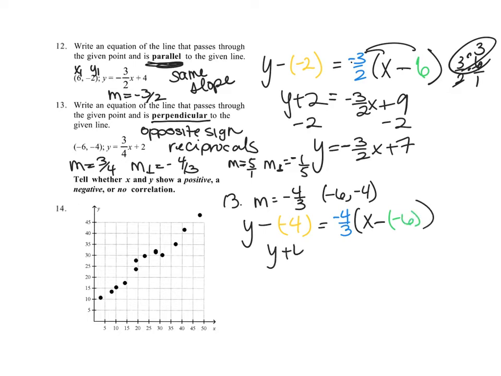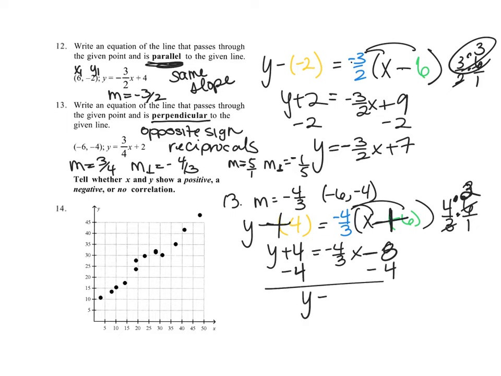So that's y plus 4, negative negative makes positive, equals negative 4/3 x. Distribute, this becomes plus. So negative times a positive is negative, and 4/3 times 6 over 1. 3 goes into 6 twice, and 4 times 2 is 8. And then we can subtract 4, and y equals negative 4/3 x minus 12.